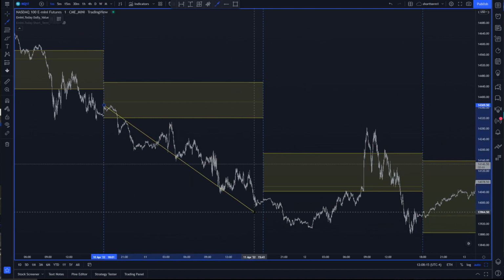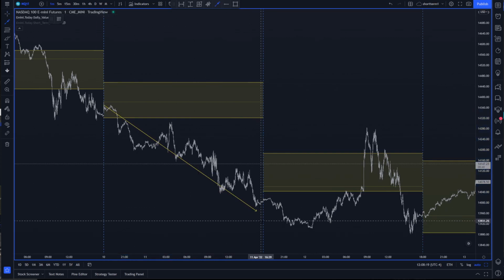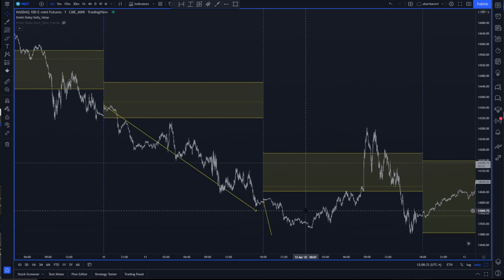We had a down day, and we closed below the value area, outside of it. So we want to go with this direction. At some point during this day, we want to find the short entry.